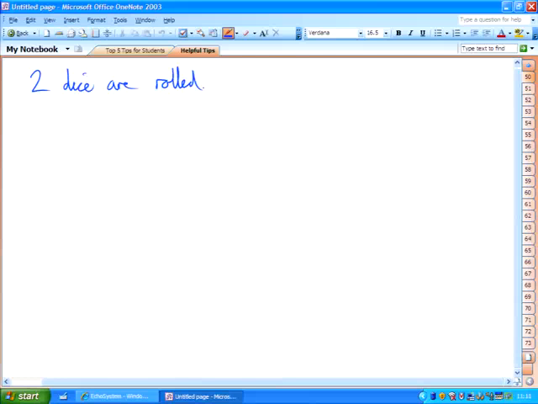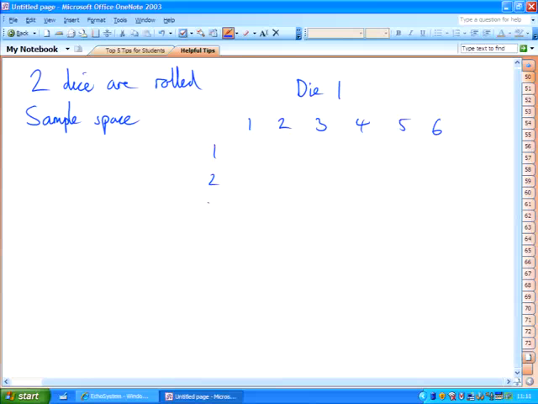Now, I will be interested in computing the probabilities of particular events. There are various ways of working this out, but for this purpose, I'm going to construct the actual sample space, so we can visualize all the possible outcomes that we could get. Consider, first of all, die 1. Obviously, the score can be a 1, 2, 3, 4, 5, or 6. And similarly for die 2, we can also get a score of 1, 2, 3, 4, 5, and 6.